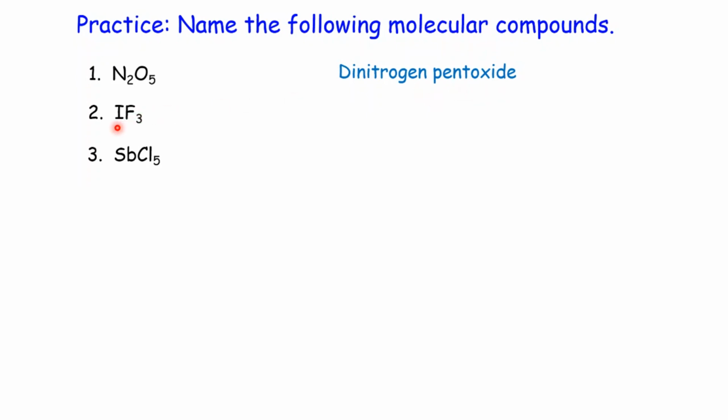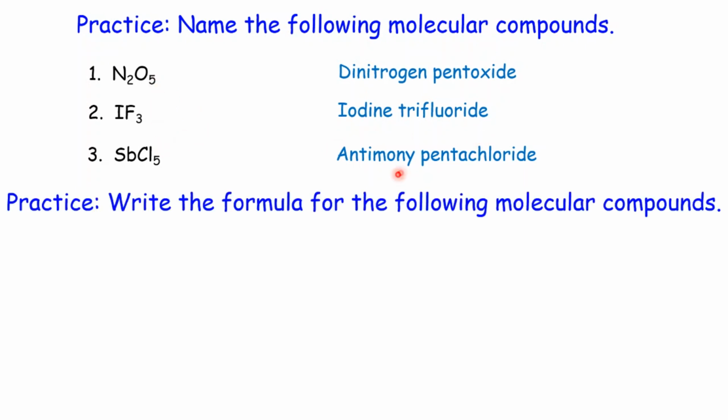We have 1 iodine, we don't say mono, we just simply say iodine trifluoride. And for the third one, again, we don't use mono, we just simply say antimony pentachloride. That's from formulas to names.